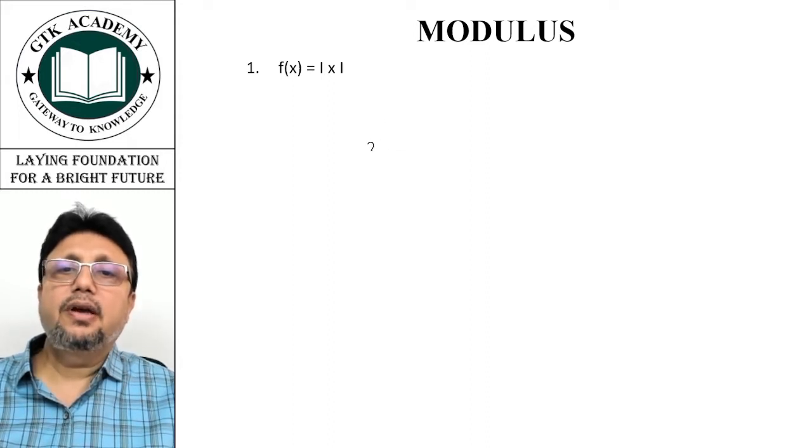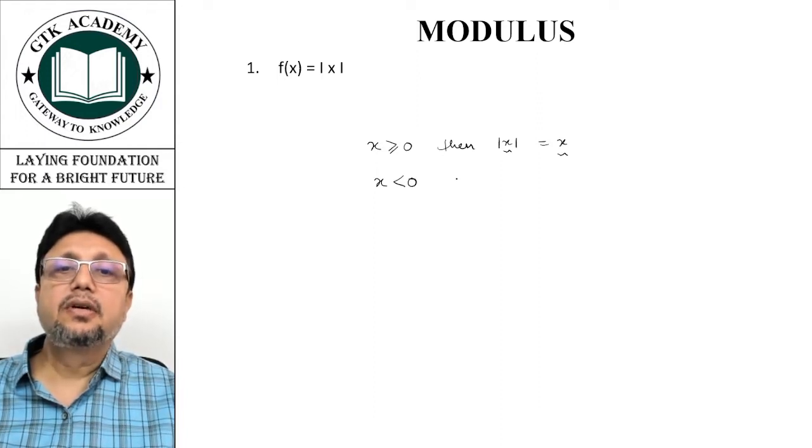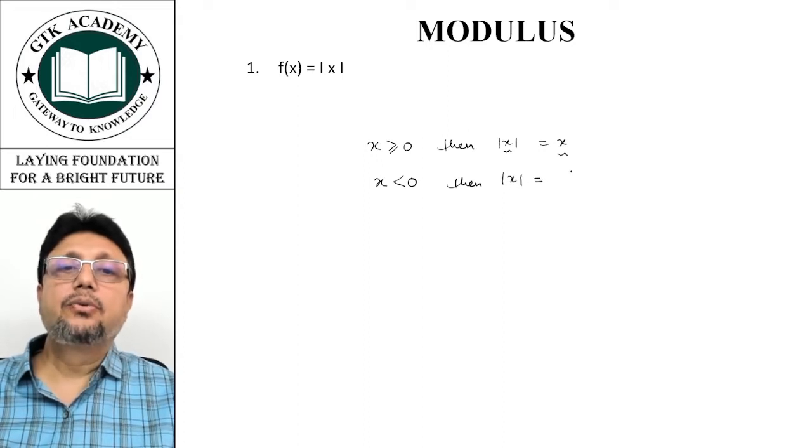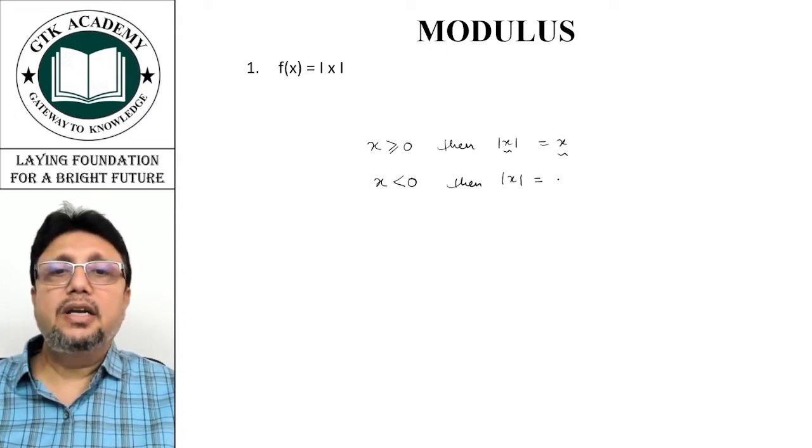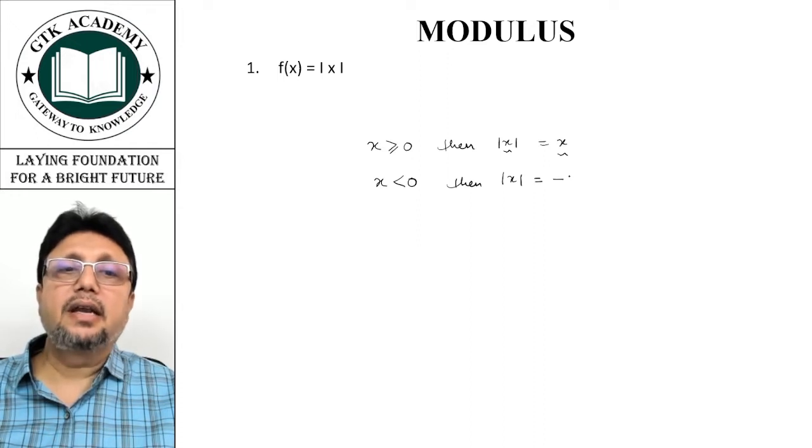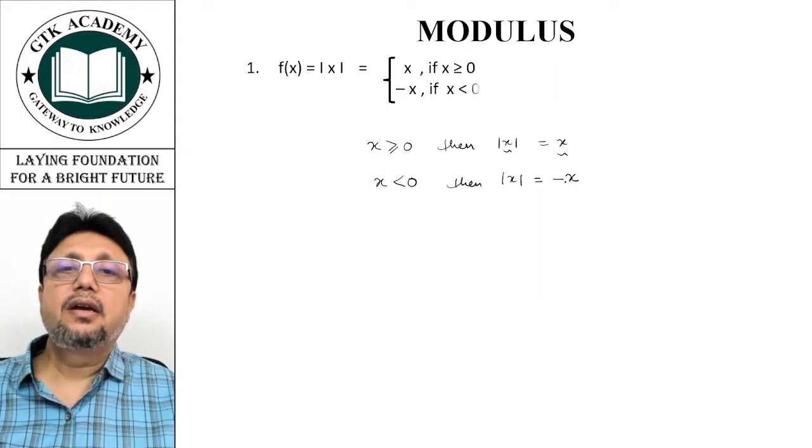Now, if the number inside mod is positive, then mod x is equal to x. It will be written as it is. But if this is less than 0, that means negative, then mod x is equal to, we have to multiply it by a minus sign, that is minus x. So this is the way we write it.